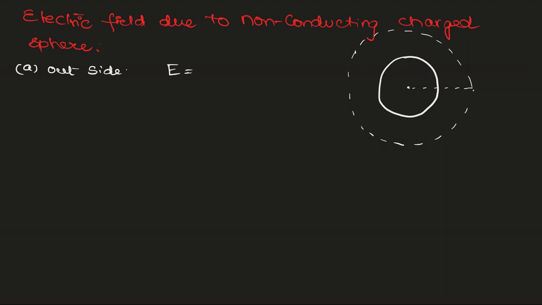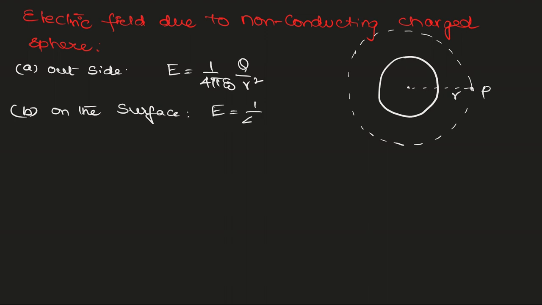Electric field at any point P outside will be 1 by 4 pi epsilon naught Q by R square. On the surface, electric field will be equal to 1 by 4 pi epsilon naught Q by R square.